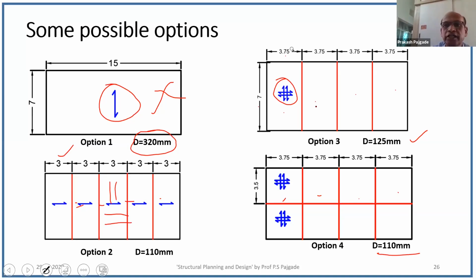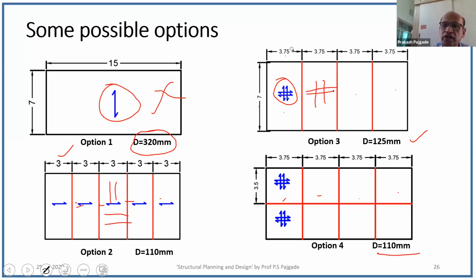But in case of two-way slab, we'll be providing main reinforcement in both directions. So there is no need of distribution steel. And that's why whenever it is possible, if you go for two-way slab, the structural behavior will be better. Deflection will be less and the amount of steel required will be less.